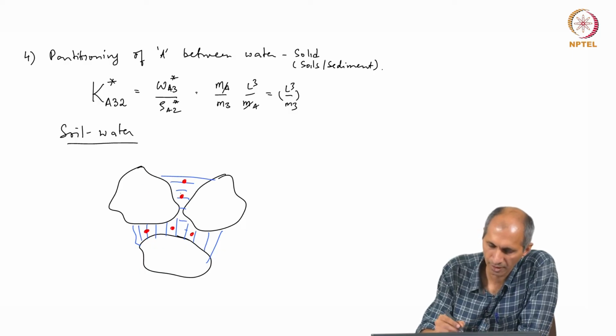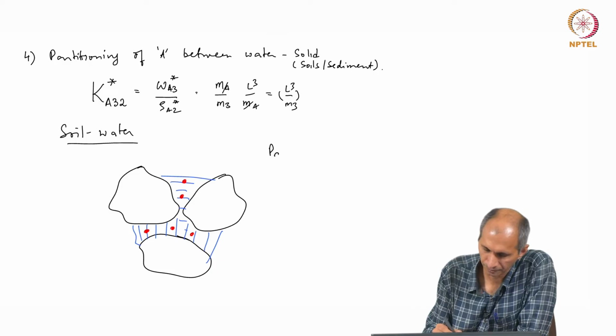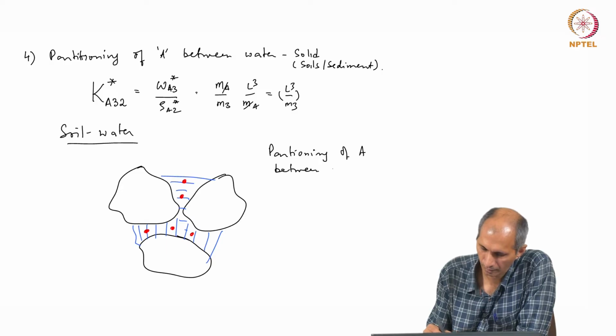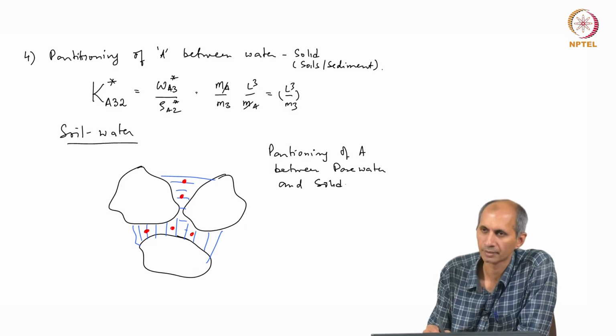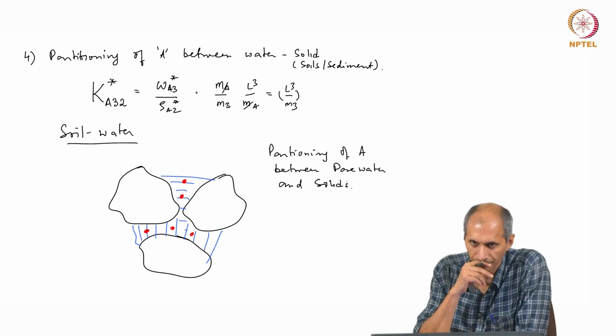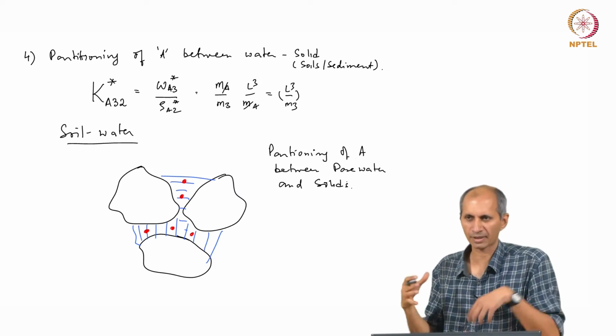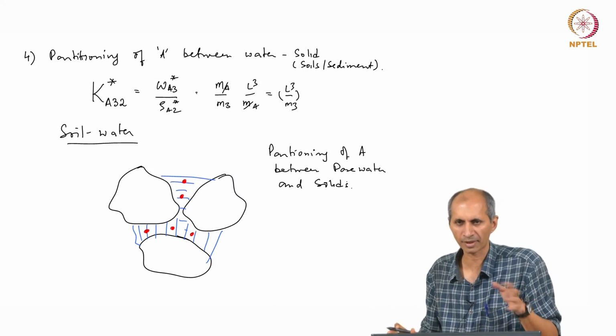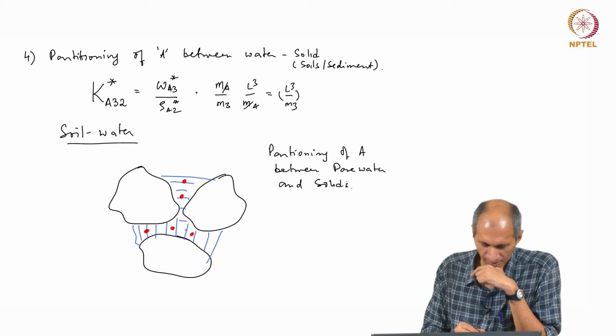So this is the partitioning between the water and the solid. So the system is static or moving slowly or whatever it is, do not worry about it right now, it is in equilibrium.